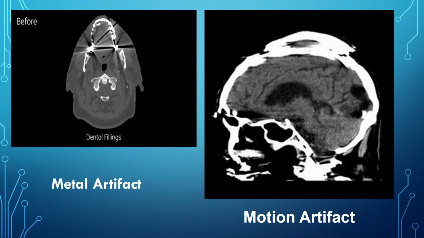So these are the examples of some artifacts. On the left, you see a metal artifact that's caused by dental fillings. You can see why this is also referred to as a streak artifact, as you have these big streaks that come through. With PET-CT, you will see these, and it can actually create an artifact on the fused images.